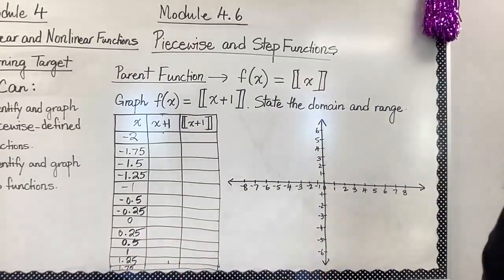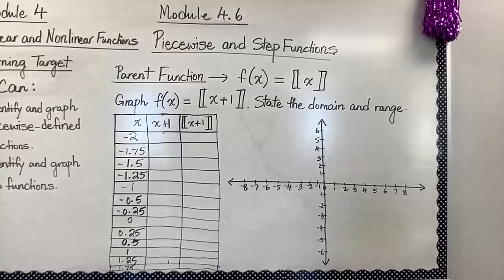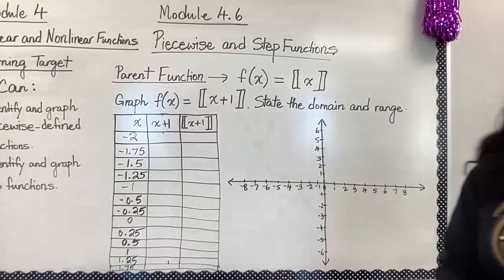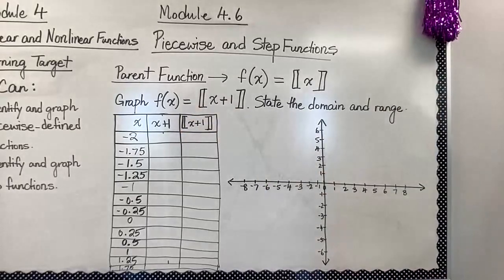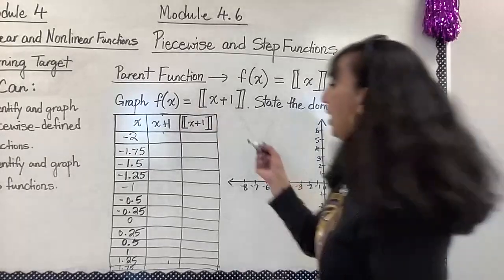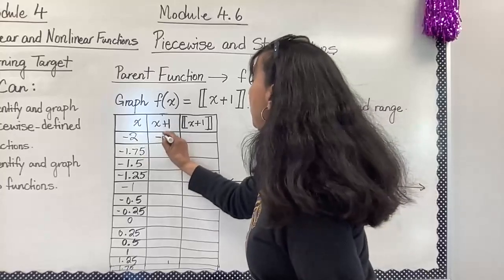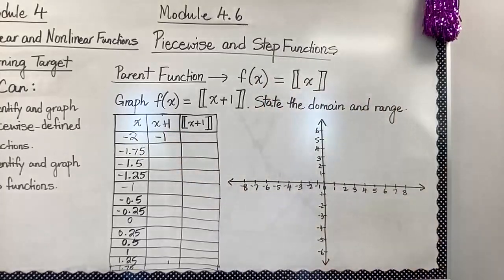And then I am going to go ahead and I am going to solve all of these really quick, where I am doing what happens when it's x plus 1. Okay, so I get over here, I get -2 plus 1 gives me -1, right?